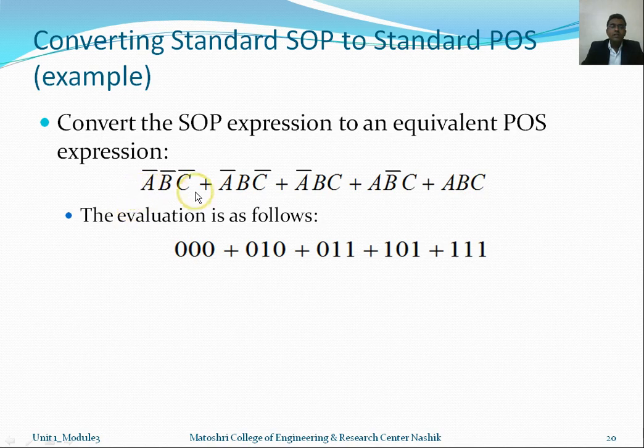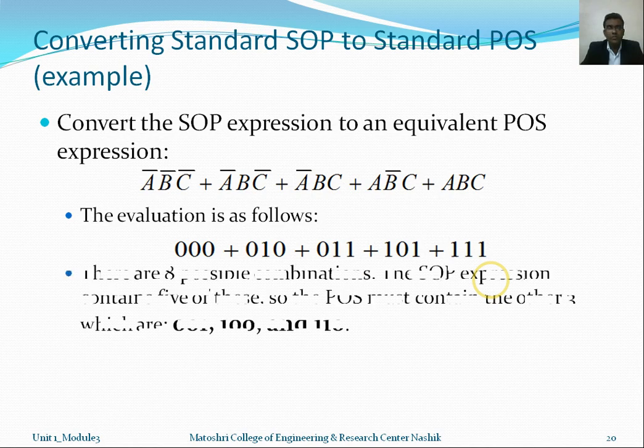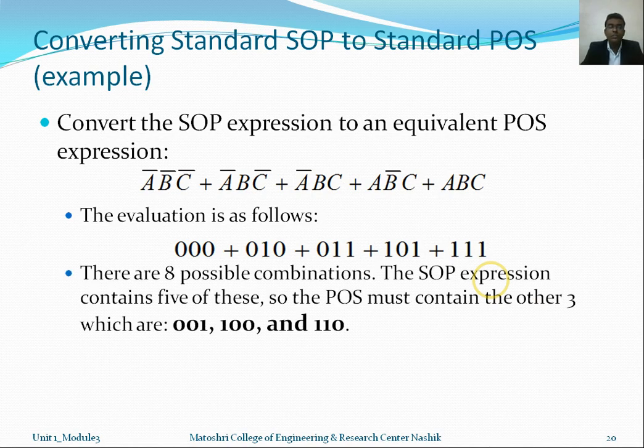For 3 variables, the total input possibility is 8, and we are presenting here only 5 terms, meaning the remaining 3 terms are 0 0 1, 1 0 0 and 1 1 0.